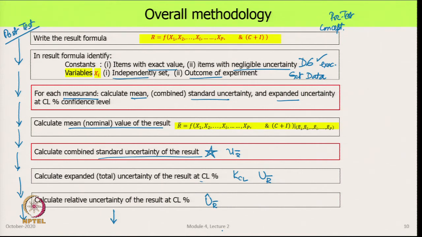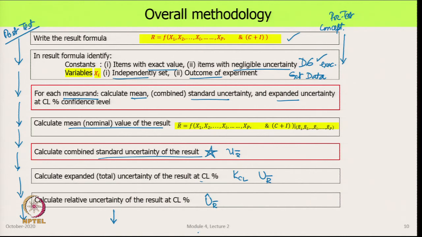So, we did brainstorming, came up with many concepts, and we converged on one method, and we wrote down the result formula for that. Maybe 1 or 2 or 3, as many formulas were there, we wrote those down. Within that, we identified which are the exact values, which are values whose uncertainties can be neglected, which are the independent variables, which are the outcome variables. So, this also gets done.